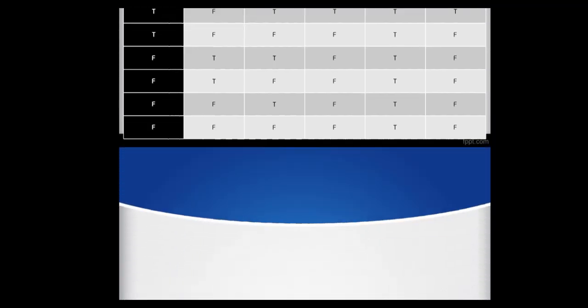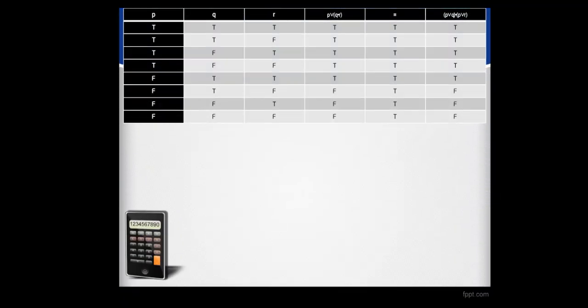Distribute. We also have here the truth table for P or the conjunction of Q and R. Then we also have P or Q, and the conjunction of P or R. For example, we have F for P, F for Q, and F for R. If we find Q and R, that is the minimum, so the minimum value is F. If we find Q or P, we find the maximum, since this is F and this is F, so the answer is F. The answer of this one is also the answer of this one.